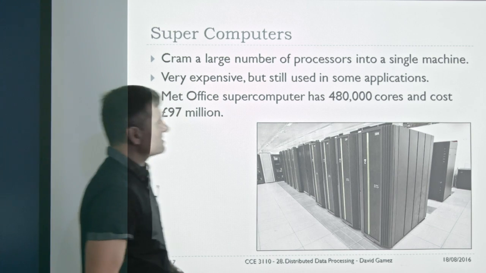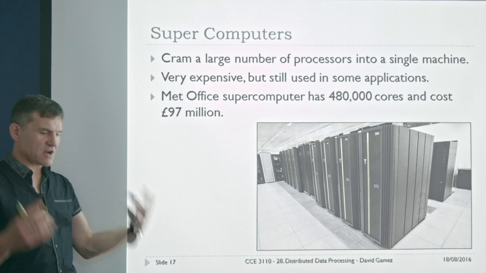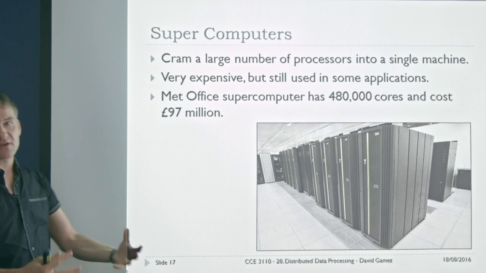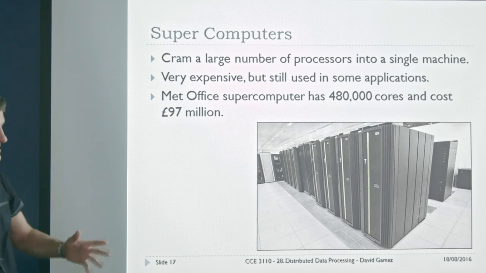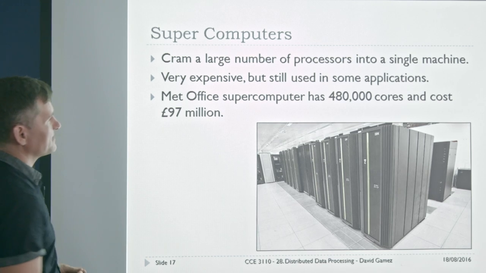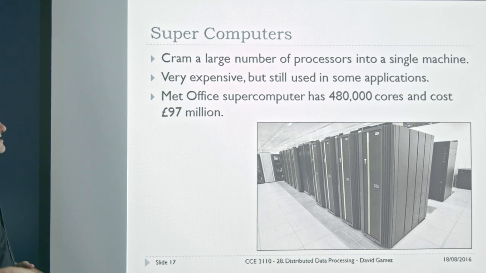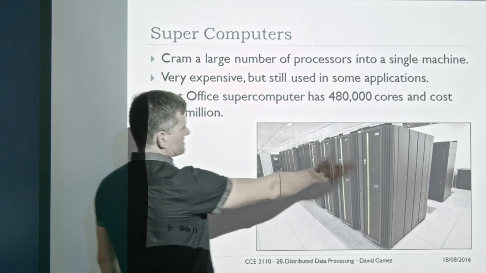Now, another approach to parallel computing is supercomputers. You just cram vast numbers of computers and RAM into one single machine, a supercomputer. This used to be the big thing, these enormous big iron supercomputers. They're still very expensive and still used, but only for very specialized things where there's really no other option. Here we've got the Met Office supercomputer.